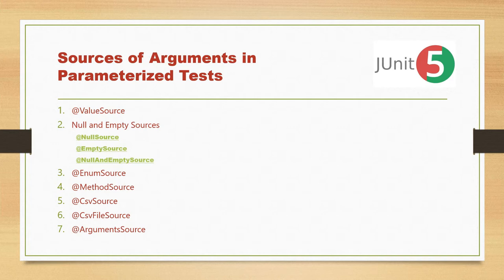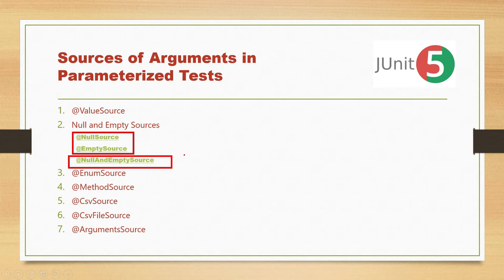These three annotations, @NullSource, @EmptySource, and @NullAndEmptySource, are basically composed annotations of two, right? So if you compose both, then this annotation works as a composition of two. Here @NullSource provides a single null argument to the annotated @ParameterizedTest, right?